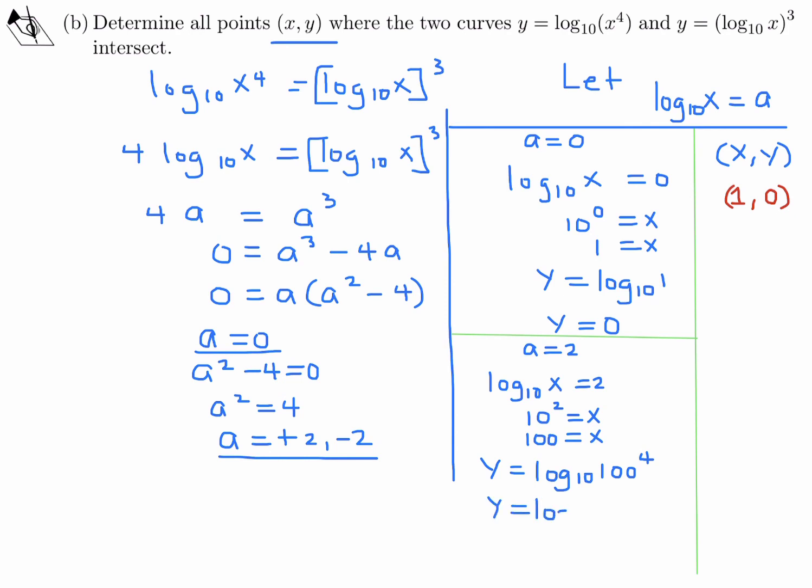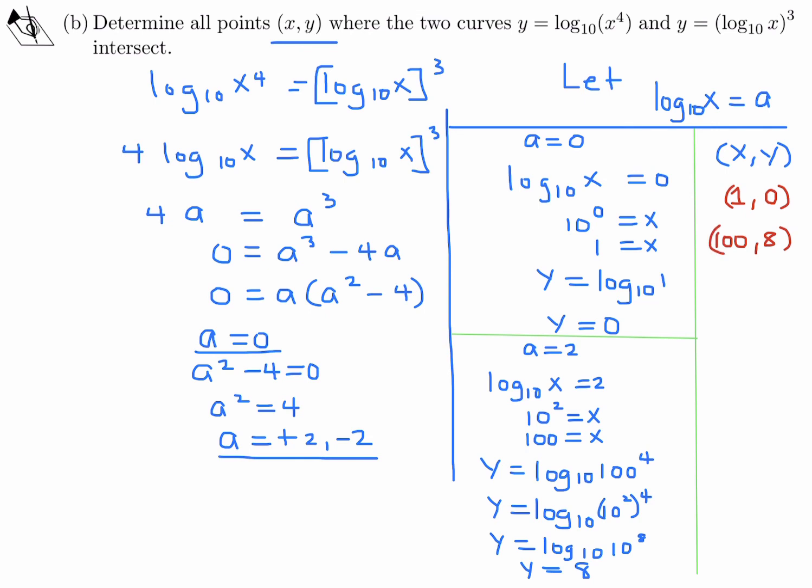And this is, of course, just log of 10 to the 10 squared to the 4, which is log of 10 to the power of 8 to the base 10, and that is just 8. So there is our second ordered pair, and that is when x is 100, y is equal to 8.